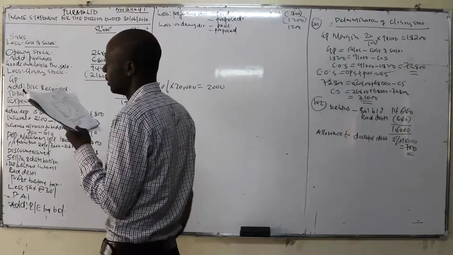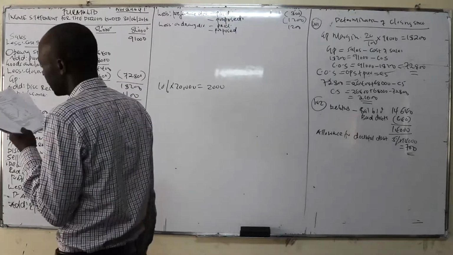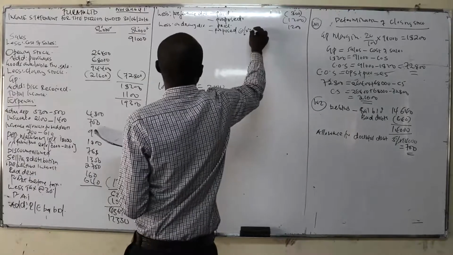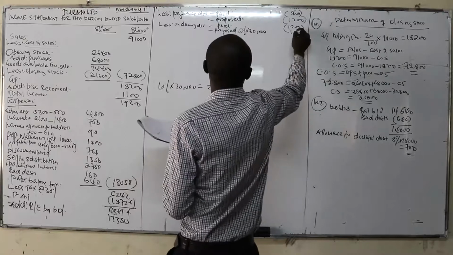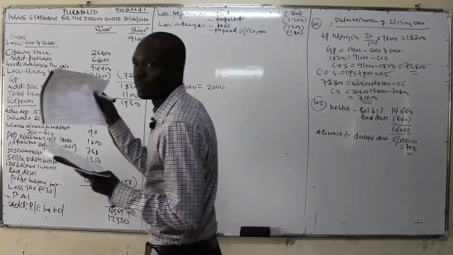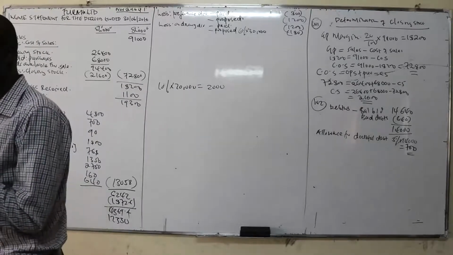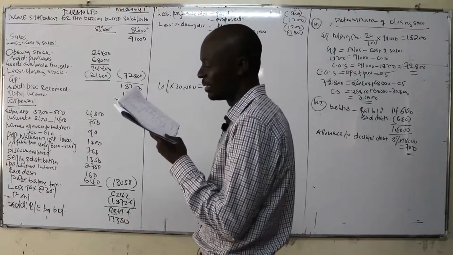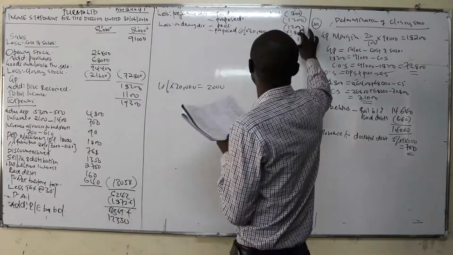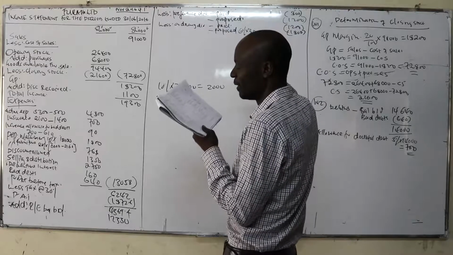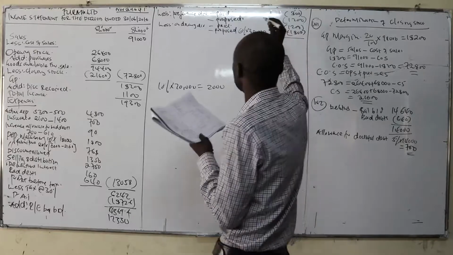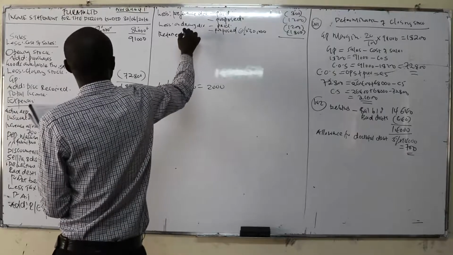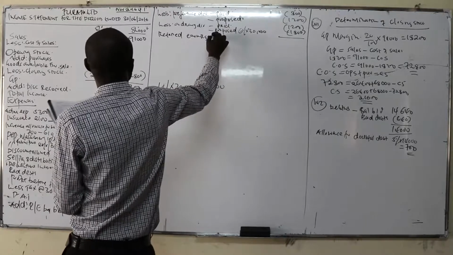Proposed is 6% of the ordinary shares, which is 30,000. 6% of 30,000 is how much? 1,800, isn't it? So you minus 1,800. We don't have transfers to general reserve. So you get here what we call retained earnings balance carried down. Unapata ngapi? Retained earnings balance carried down.